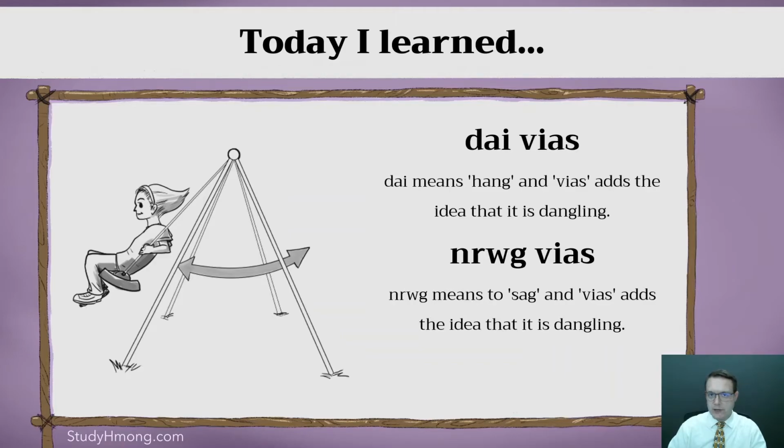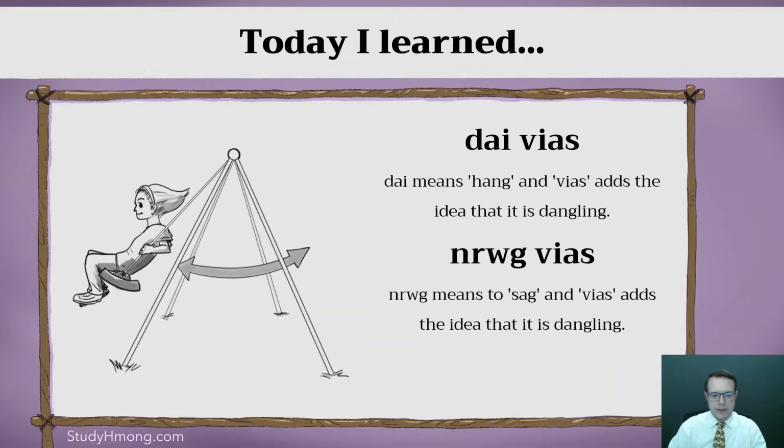I will leave it up to you to decide what things are hanging and dangling. And your imagination, I'm just giving the verbs that you can use via with. Another example, again, up to your imagination, ndu. Ndu means to sag. And of course, via adds that idea of something dangling.